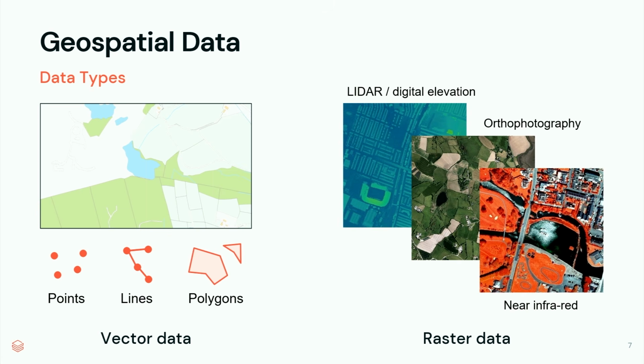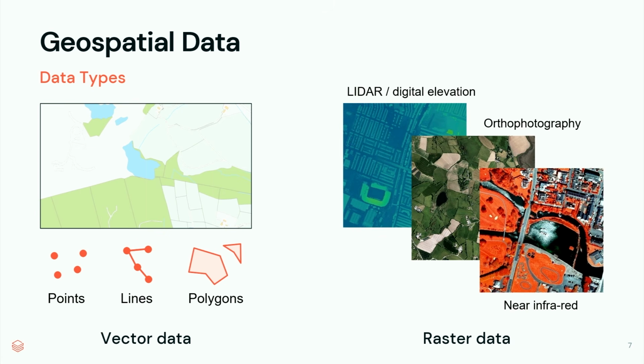So not just, you might think of, your typical RGB images, where each pixel is your true color, your red, green, blue. But also with satellite imagery, you can have multi-band, so you'll have near-infrared data, you'll have LiDAR, digital elevation data. In that case, the pixel values represent different values.